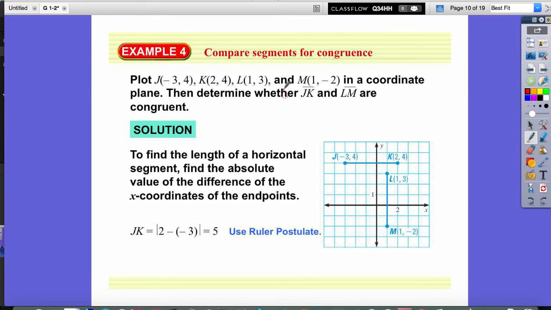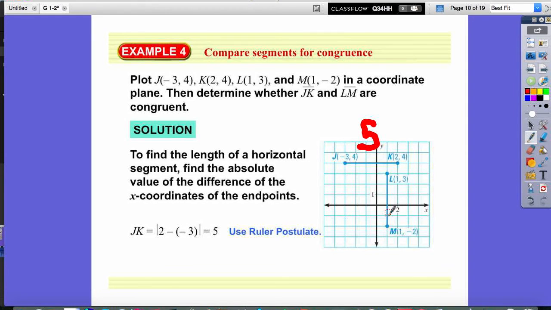Now we're going to compare segments for congruence. In this example, in the book, they had us plot these points in a coordinate plane. Then we're going to determine if JK and LM are congruent. You can see that this is a straight line and it's plotted 1, 2, 3, 4, 5. So that's 5 units long.